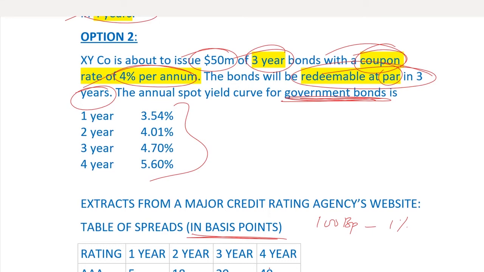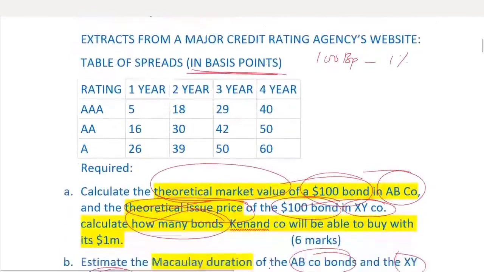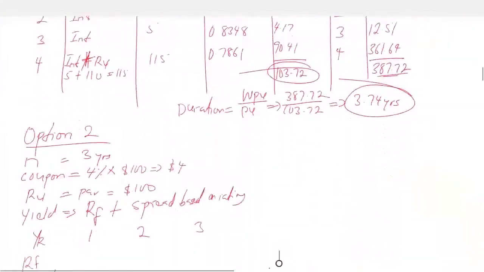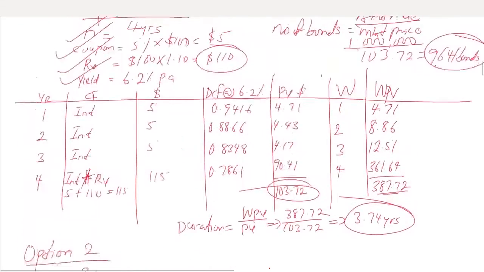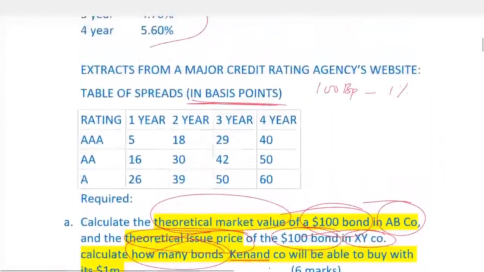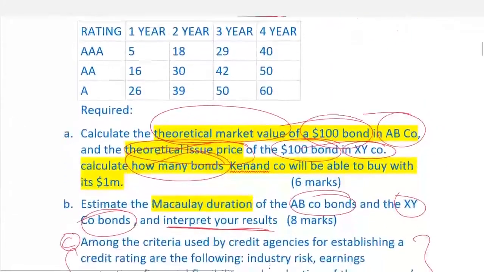For year 3 is 4.7. And for year 4 is 5.6. So let's take it there. So we have year 1. This is your risk-free rate. Anything that belongs to government bond is your risk-free rate. Sorry, 5.6 year 4.